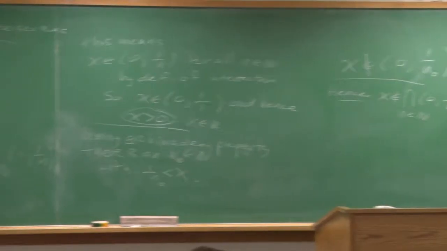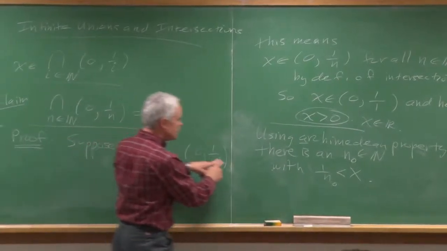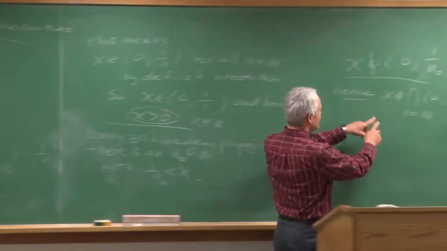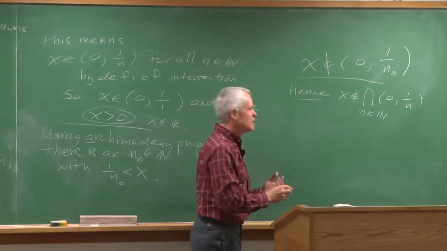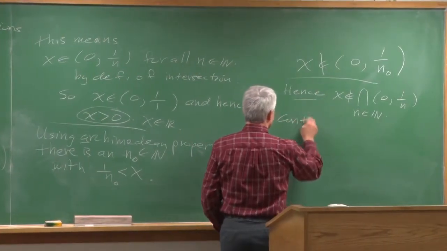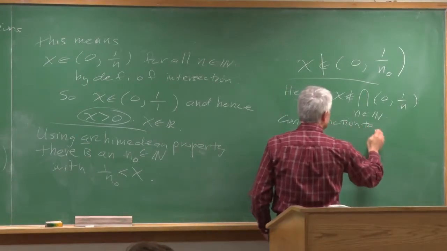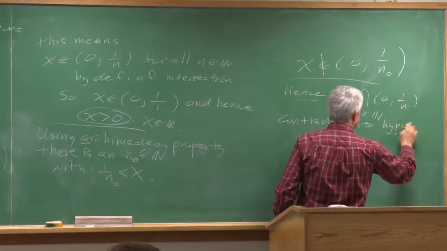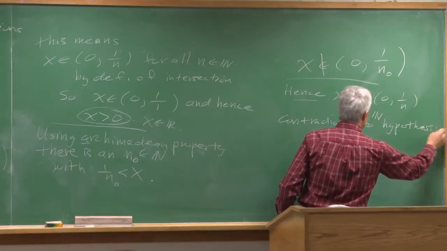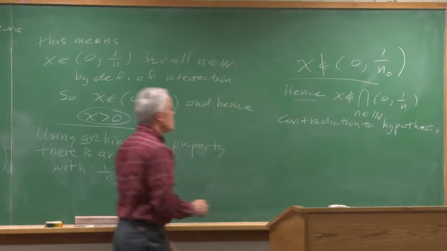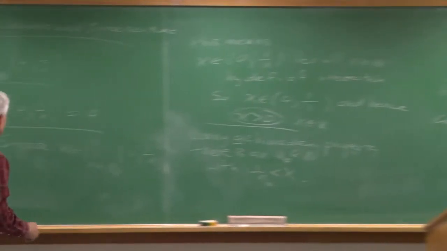All right, this is sort of a problem. We started by assuming that x was in there, and we concluded that it was not in there. So we get a contradiction, you could say, to our original hypothesis. So what do we have to conclude?